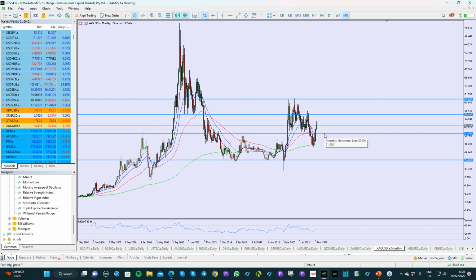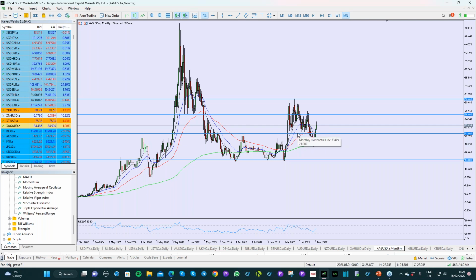This level beneath price is around $21, and that is a level of resistance from 2016, 2017, resistance from back in 2013 as well, resistance from all the way back in 2007, 2008.